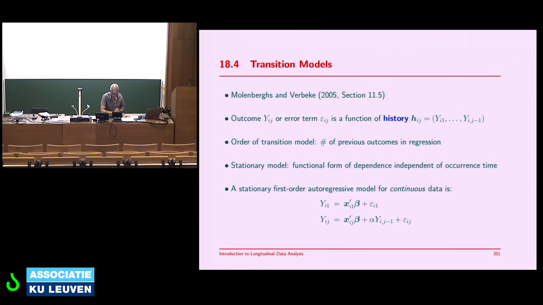Let me go to a different type of conditional models, so-called transition models. I mentioned them already before when we were discussing in chapter 17 the relationships between the model families. But here we truly go longitudinal. Measurements are taken repeatedly over time.